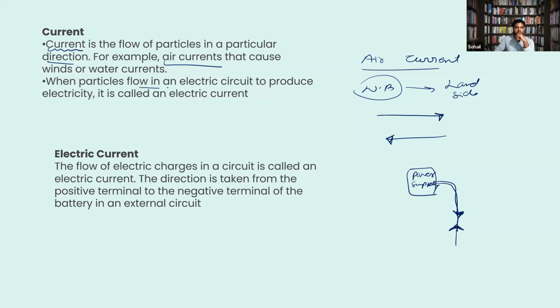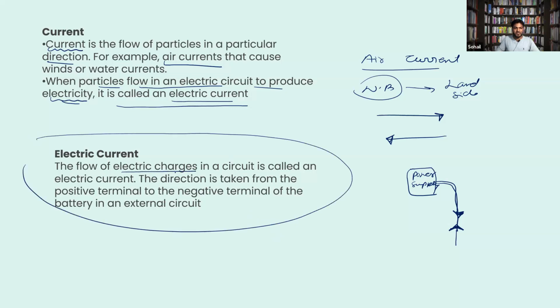So when particles flow in an electric circuit to produce electricity, then it is called an electric current. When particles flow inside a circuit, producing electricity, we call it electric current. So electric current is simply what? The flow of electric charges. That is, I'm talking about charge particles, and the charge particle is none other than the electron.